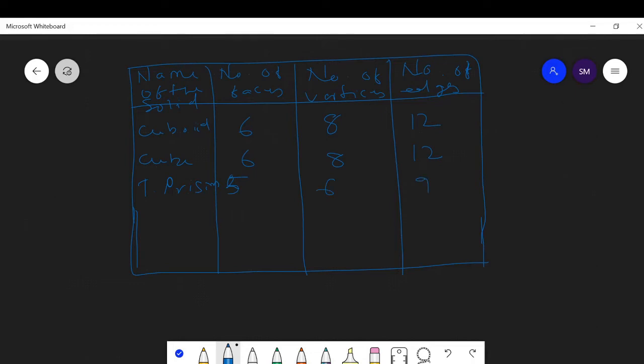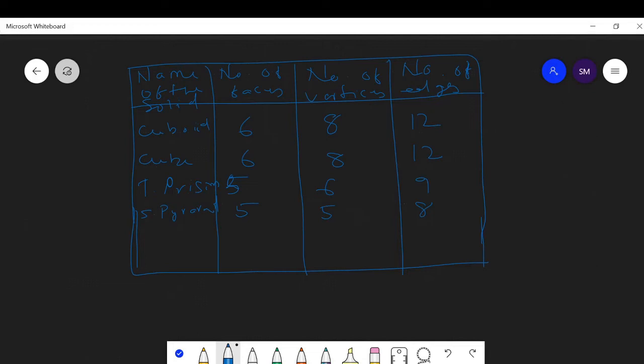Then next, the square pyramid. The square pyramid has 1 square face and 4 triangular faces. This means a total of 5 faces, 5 vertices and 8 edges. Then next, the rectangular pyramid.